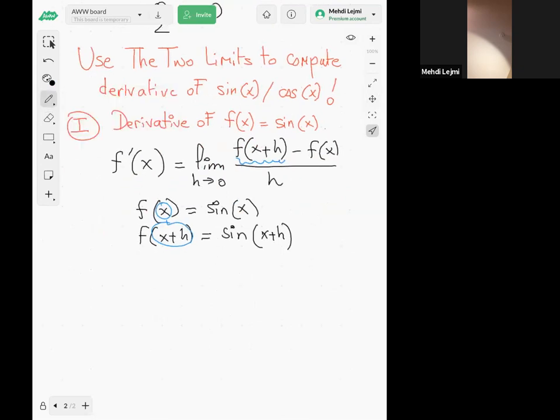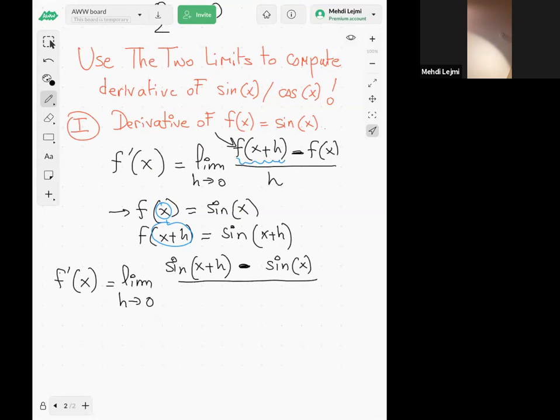So my derivative f prime of x, by definition, is the limit as h goes to 0 of sine of x plus h, minus f of x, which is sine of x, over h.